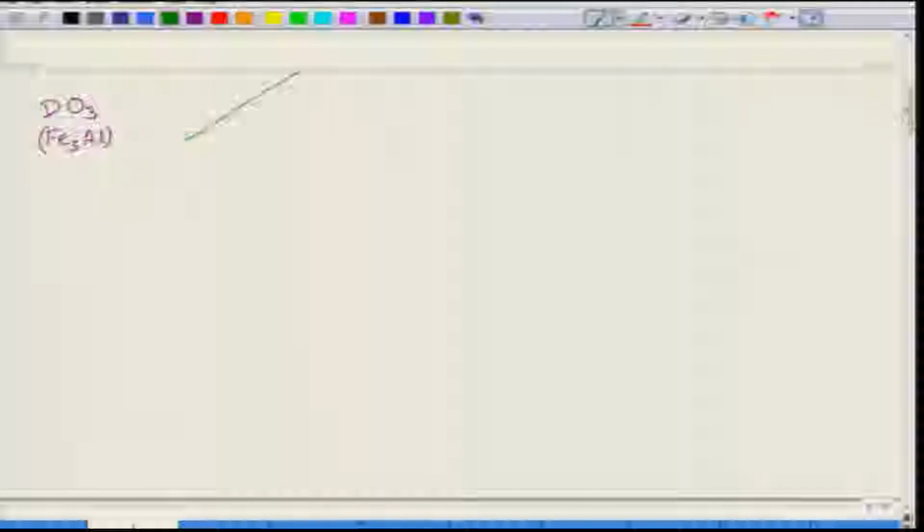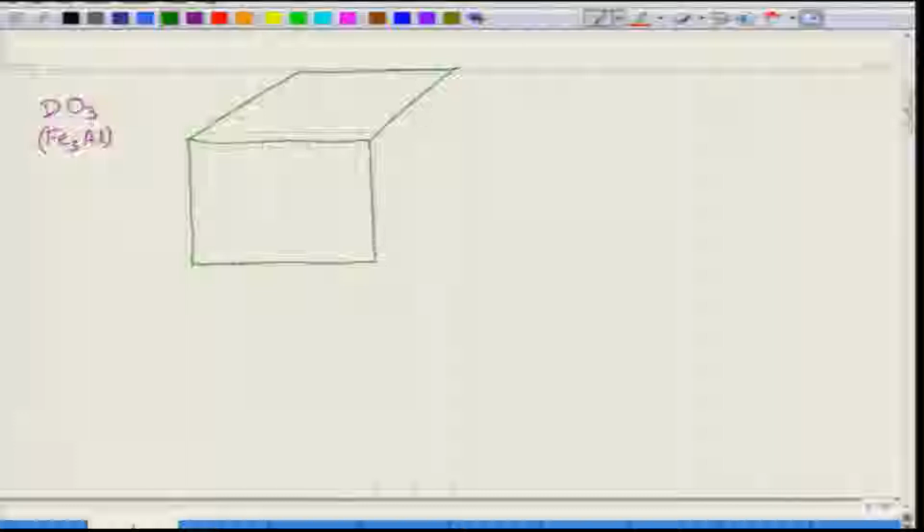As you can see, I have selected this grid-like page because it makes it easier to draw such structures. So, again what is the ratio between the 2 atoms here?